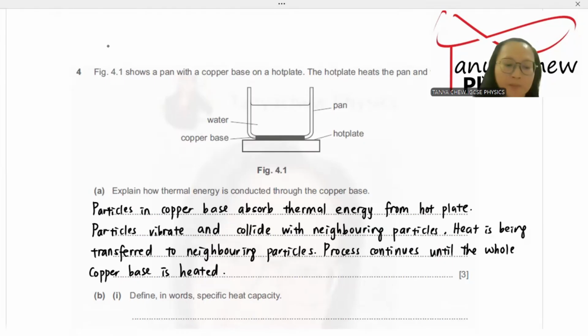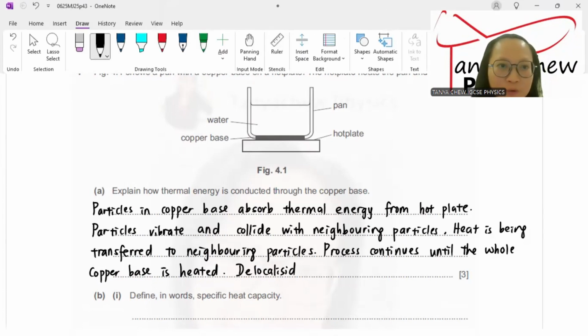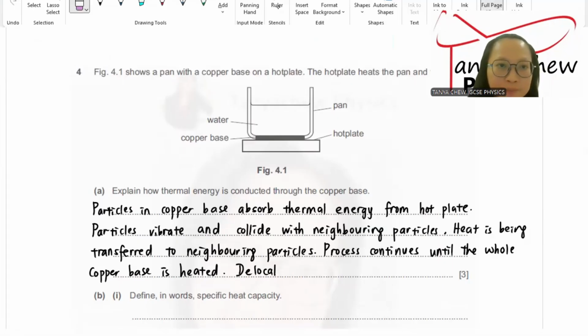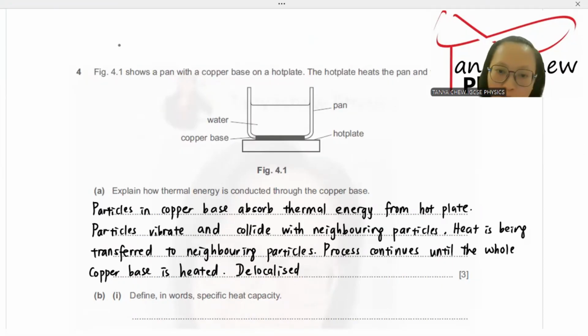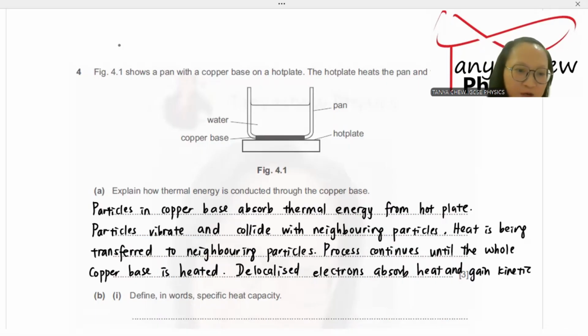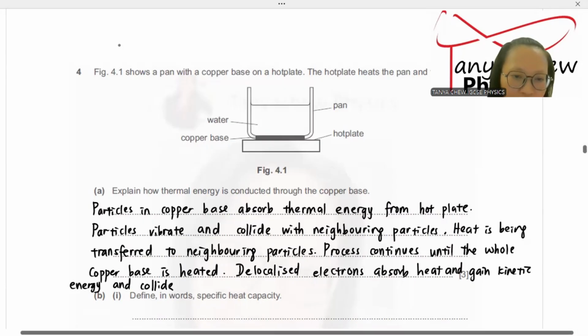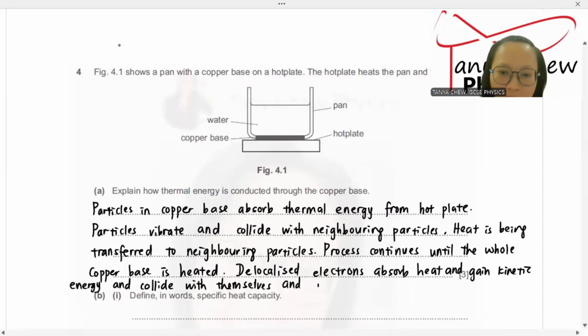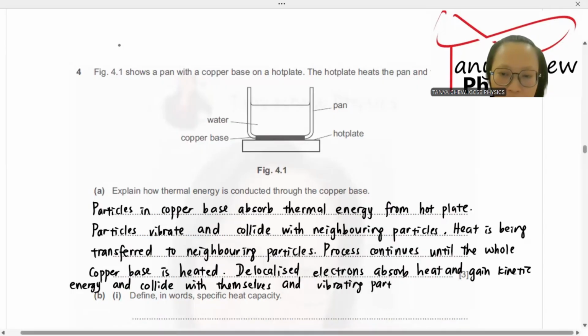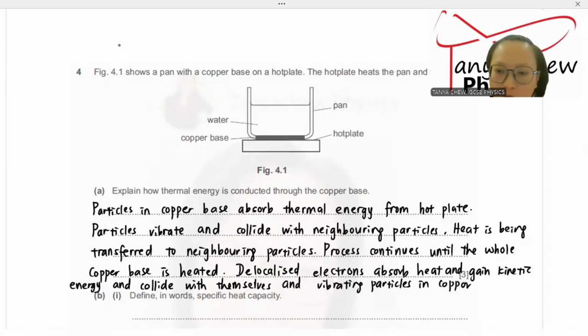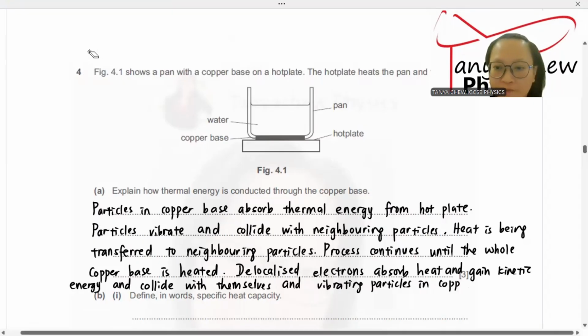Okay, and at the same time, delocalized, I'm sorry, spelling problem here, delocalized electrons absorb heat and gain kinetic energy and collide with themselves and vibrating particles in copper to transfer the heat to the whole base of the copper.